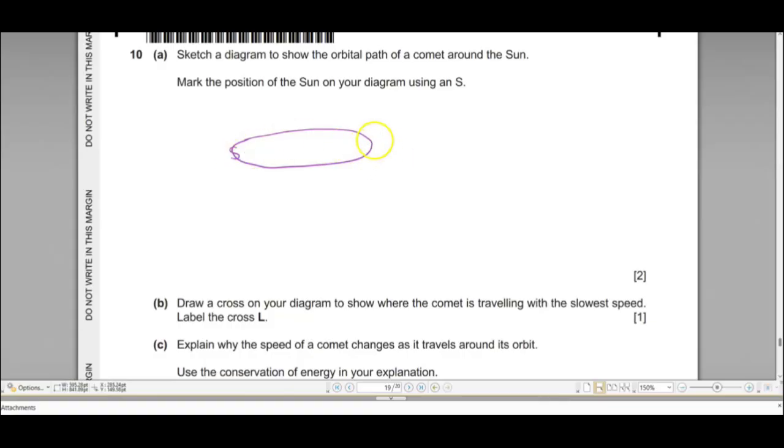So almost here, this would be L, and as the distance from the sun decreases, the speed of the comet increases, and over here the gravitational potential energy would be the greatest, and kinetic energy would be the least, and somewhere close to this gravitational potential energy would be less, and kinetic energy would be more. As we know the principle.